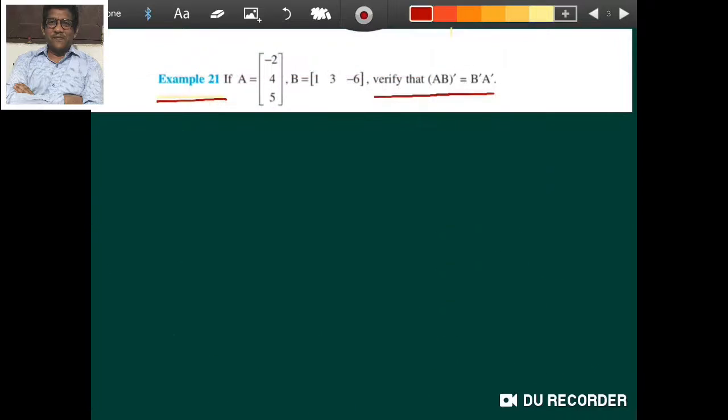Now we are going to discuss example number 21. Here matrices A and B are given. We have to verify that (AB) dash is equal to B dash A dash.